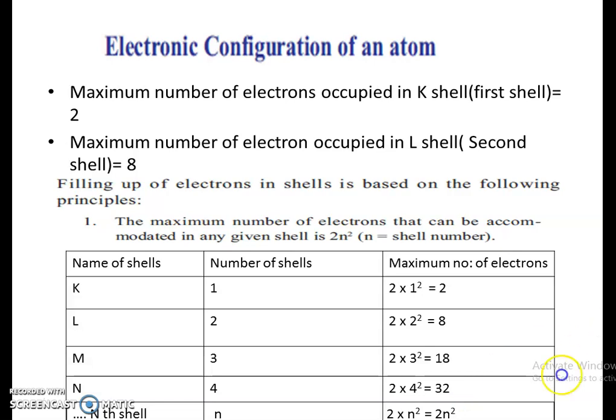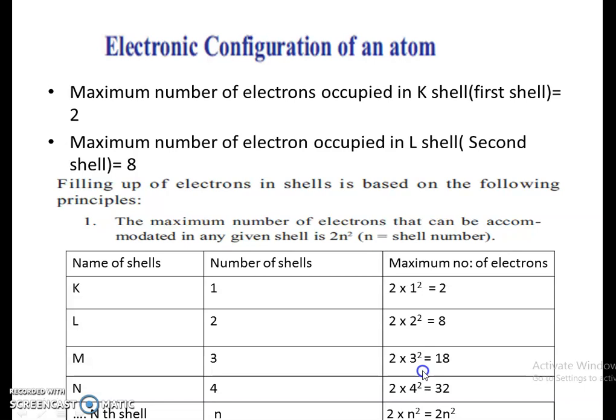Suppose the shell is ending with the M shell, we may think it can occupy up to 18. But there is an important clause that the outermost shell should have only 8 electrons.